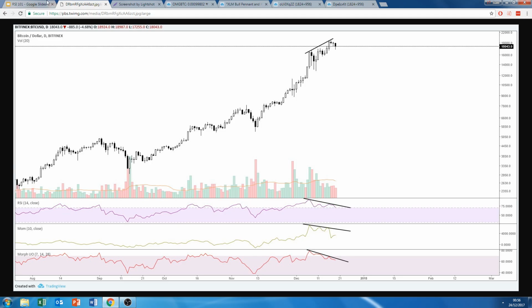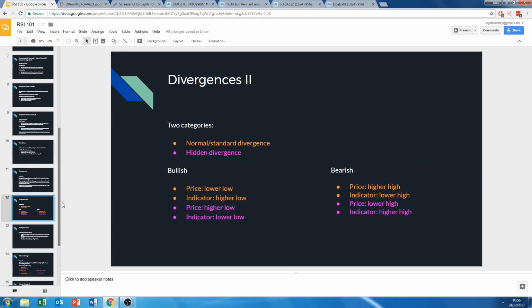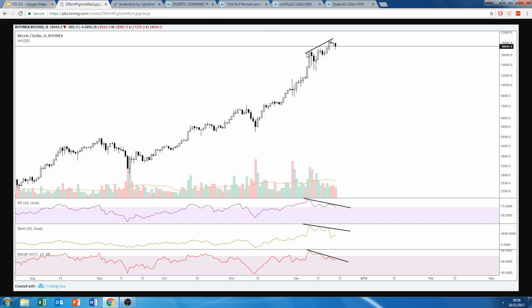So these are all, according to our criteria here, which I didn't expect you to memorize, a bearish divergence. Price is making a higher high, and the oscillator is making a lower high. So this should be quite simple. Price, this is a high, and this is a high, the high is higher. But look at all these oscillators saying otherwise.